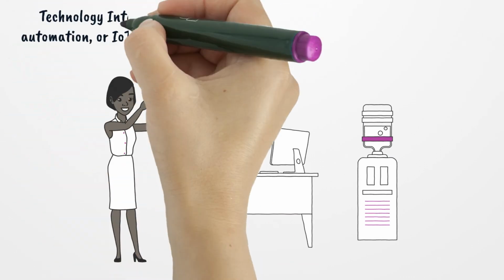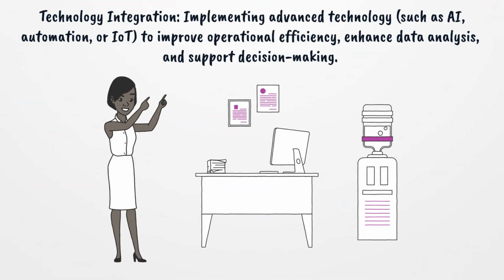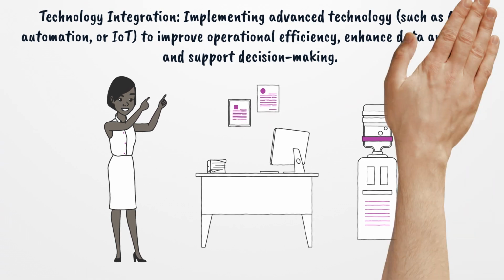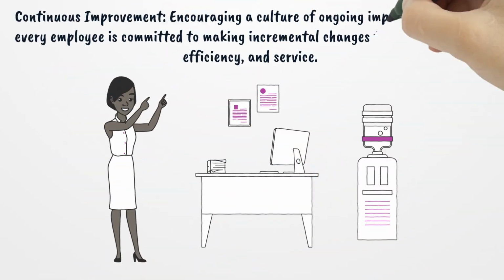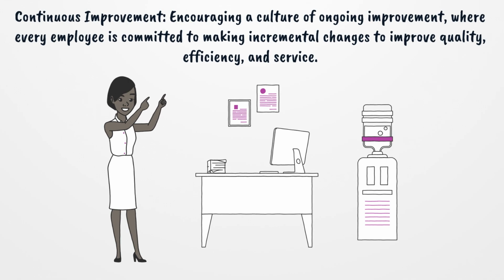Technology integration, implementing advanced technology, such as AI, automation, or IoT, to improve operational efficiency, enhance data analysis, and support decision-making. Continuous improvement, encouraging a culture of ongoing improvement, where every employee is committed to making incremental changes to improve quality, efficiency, and service.